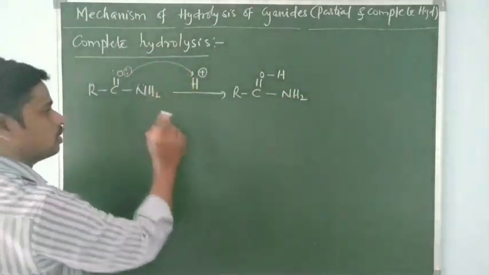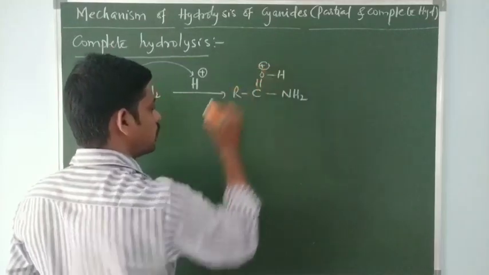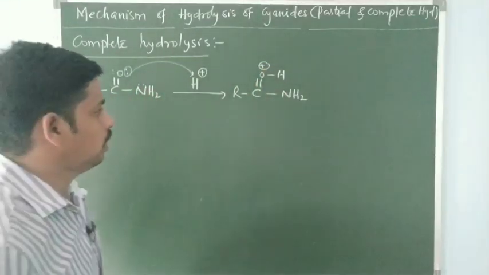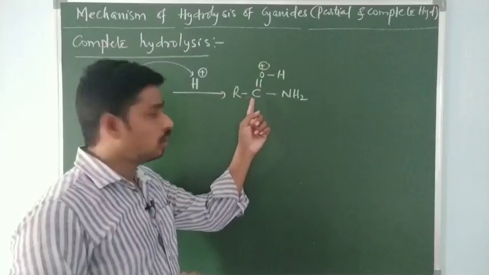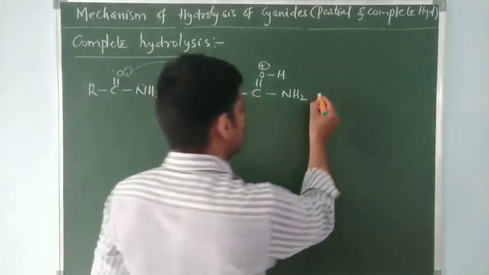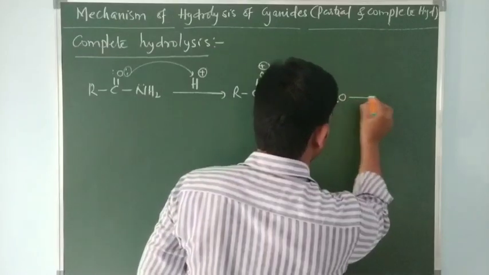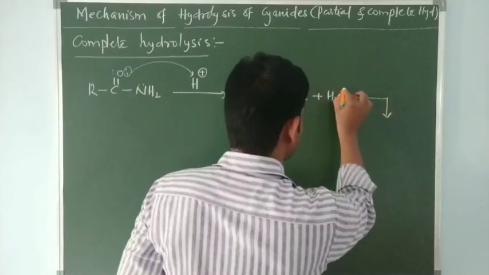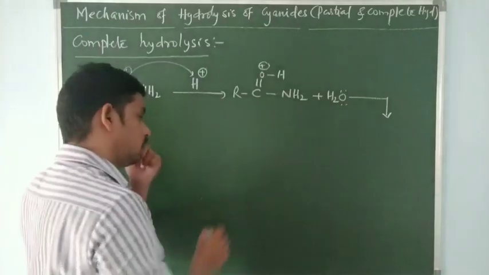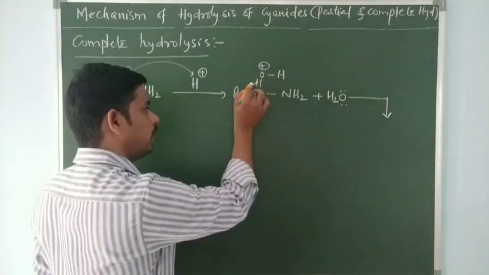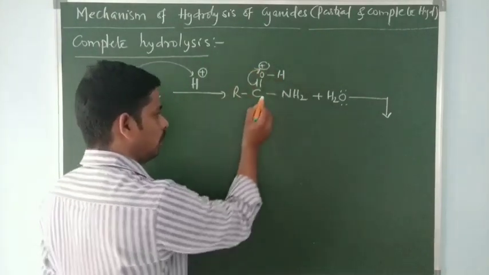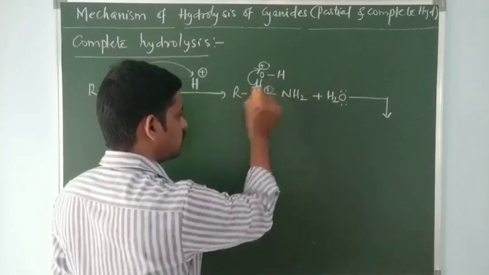Oxygen donated electrons, so this oxygen will get a positive charge. Is it clear? Now we know that oxygen with positive charge is highly unstable and it undergoes complete hydrolysis. So let us discuss how. This is unstable, so it takes the pi electrons and gets stability, and this carbon gets positive charge.